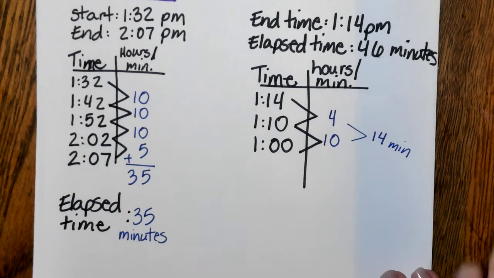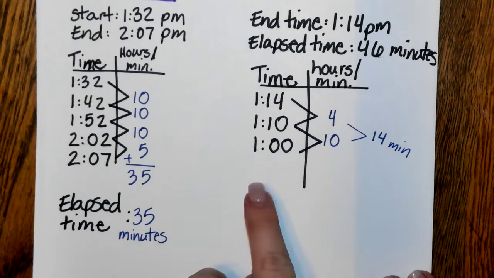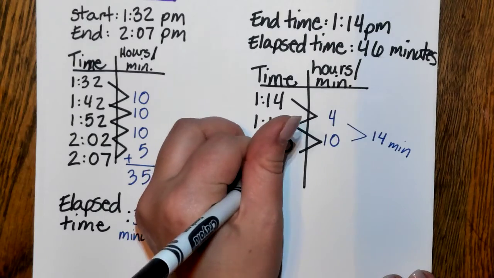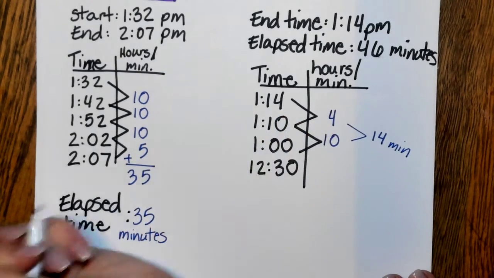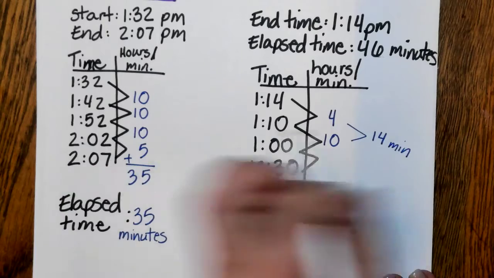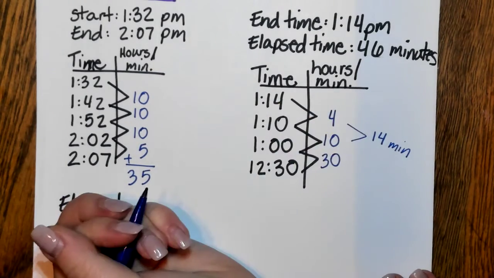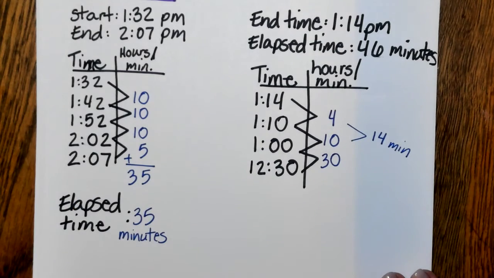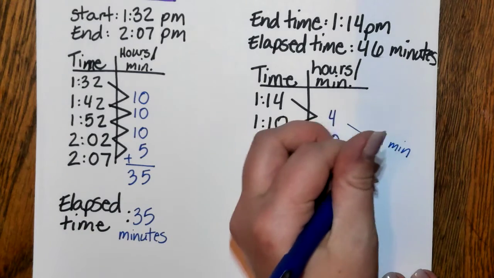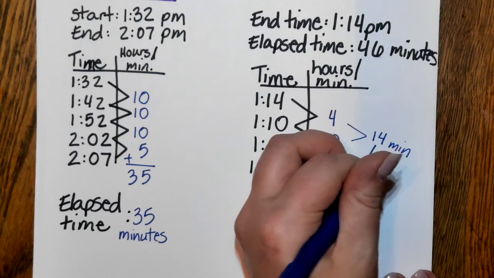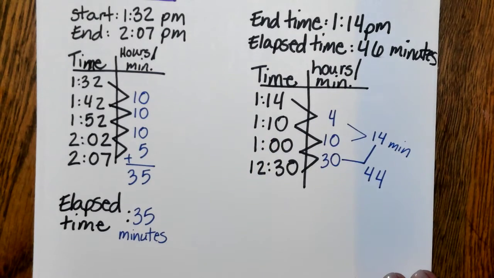So let's keep going. Now, I'm going to make a big jump. I'm going to go back to 12:30. That was a 30-minute jump. So now I'm up to 44 minutes.